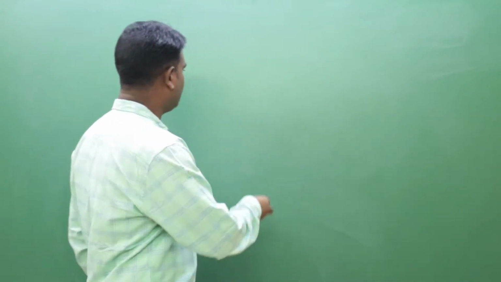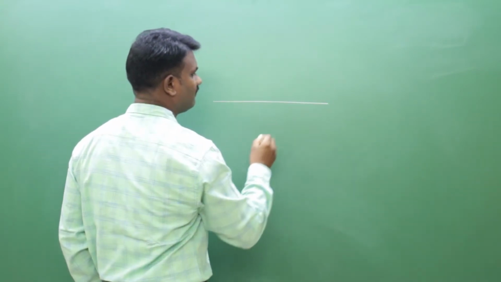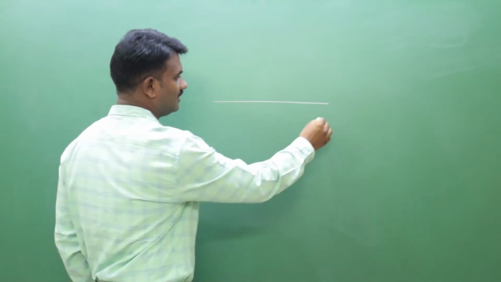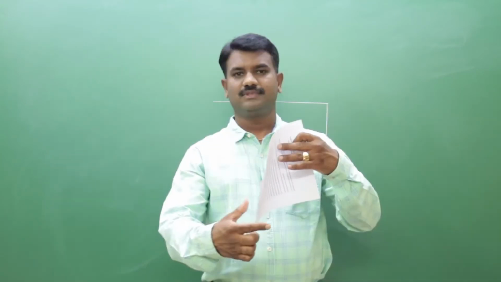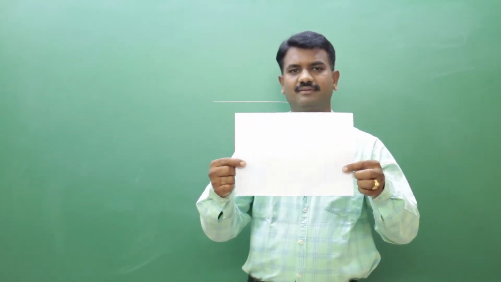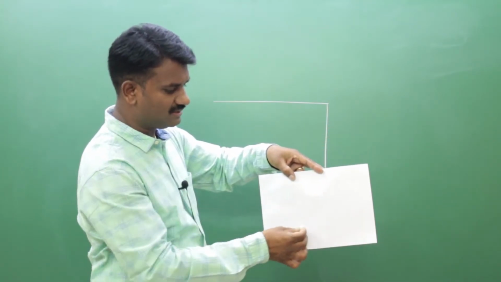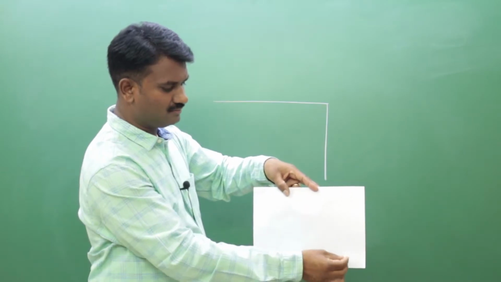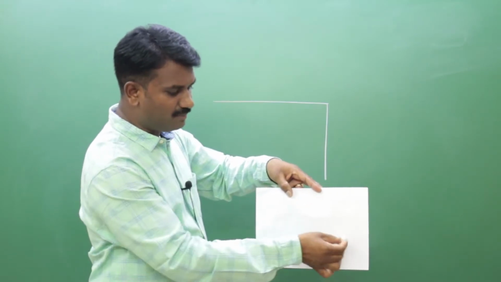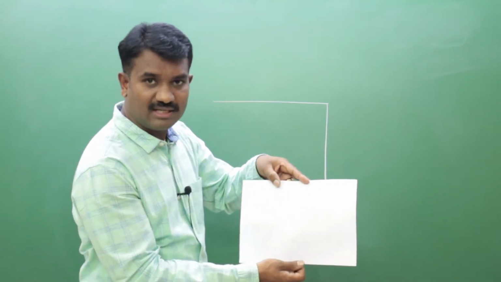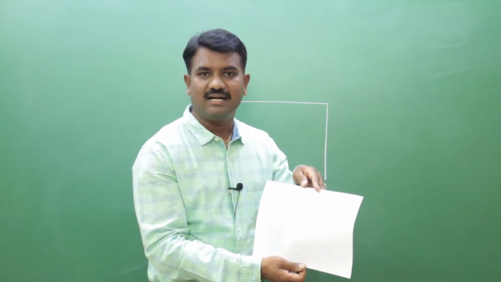Length, we have studied, has only one dimension, like this or like this. If I take this piece of paper occupying some space like this in two dimensions, the space occupied by this two-dimensional body is known as its area.